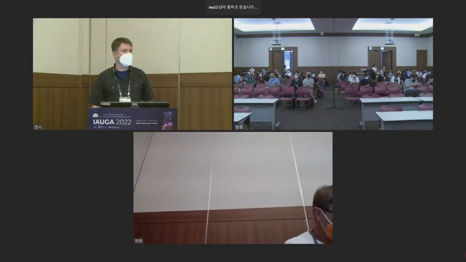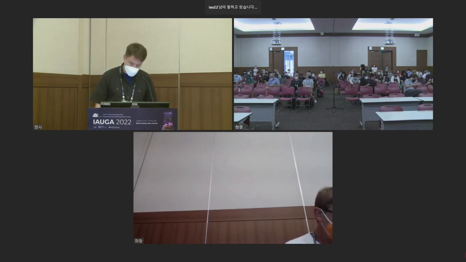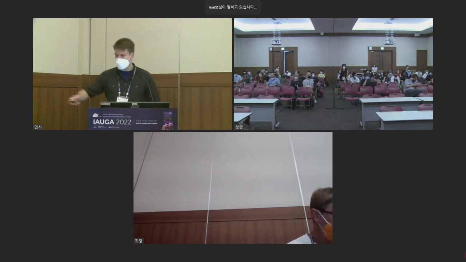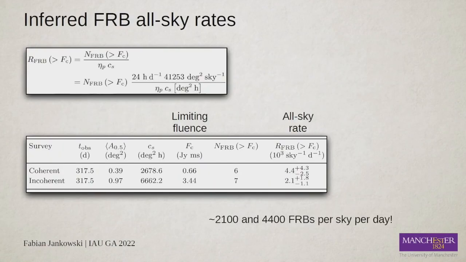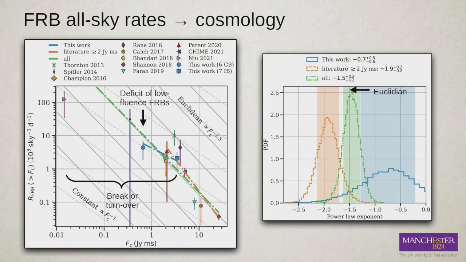Question from online. Clancy James says he didn't see the value of source counts you derived nor the plot where this is fit. Can you highlight that? Or maybe you just went through it a bit too quickly for him. So I think he is talking about this. What was exactly the question? The value of the source counts you derived and the plot where that was fit.